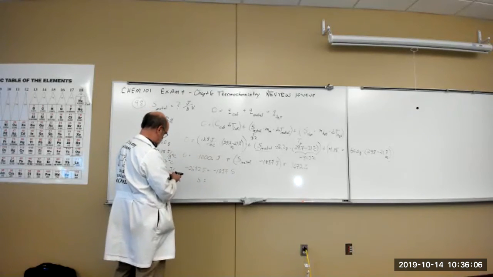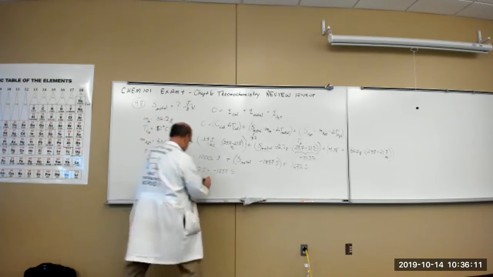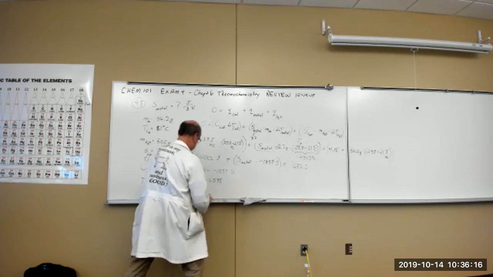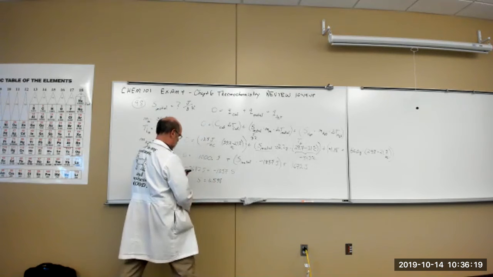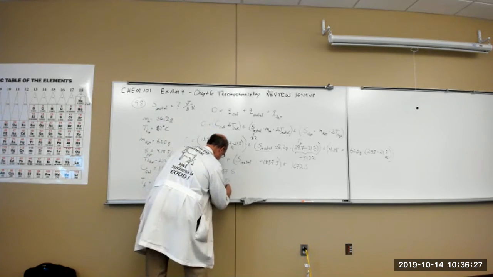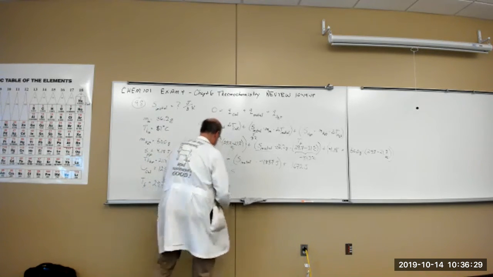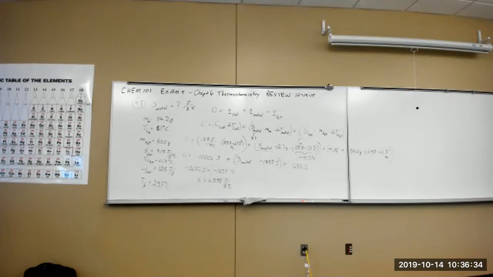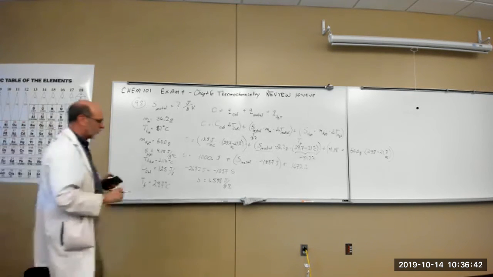Let's see. 2672. So I get 1.598. And that would be joules per gram degree. Is that right? Yeah, I made a miscalculation somewhere.